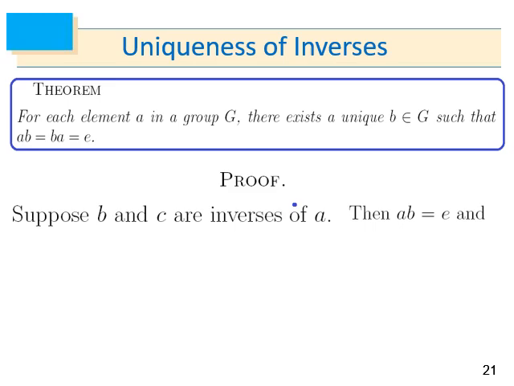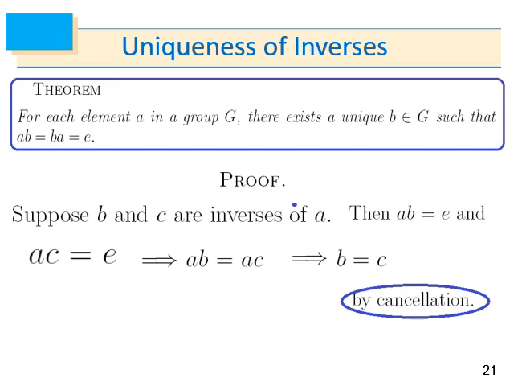If b is the inverse of a, then a·b equals e. And if c is the inverse, then a·c equals e. This implies that the right sides of the two equalities are e, so we have ab equal to ac. By the cancellation law, we have that b equals c.